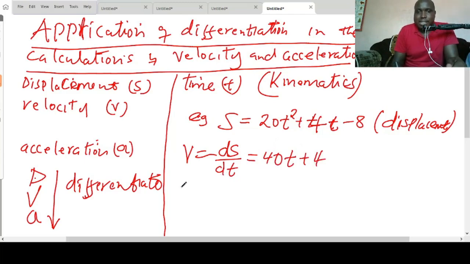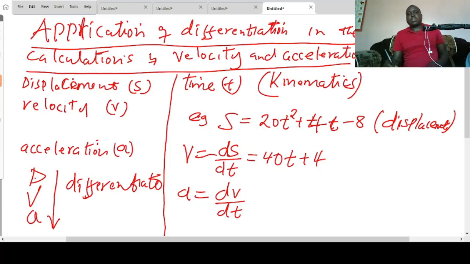If I want acceleration, acceleration A is equal to the differentiation of velocity, which is dv over dt. Now you differentiate this, this is power 1, so that is 40. So it means acceleration is 40 only.